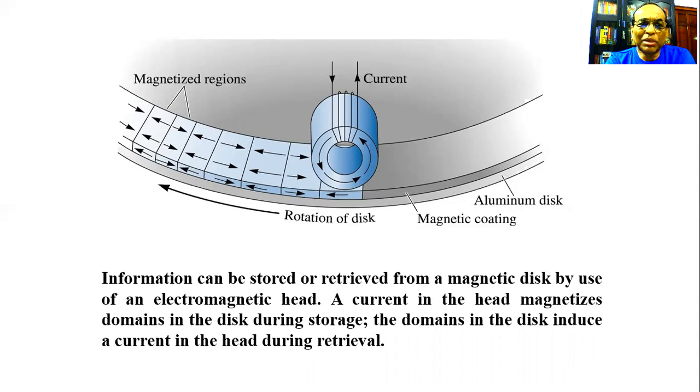So there are several domains. A magnetized region is a domain. The domains in the disk induce a current in the head during retrieval. During reading, it recovers the signal, the induced current. This is another scheme.